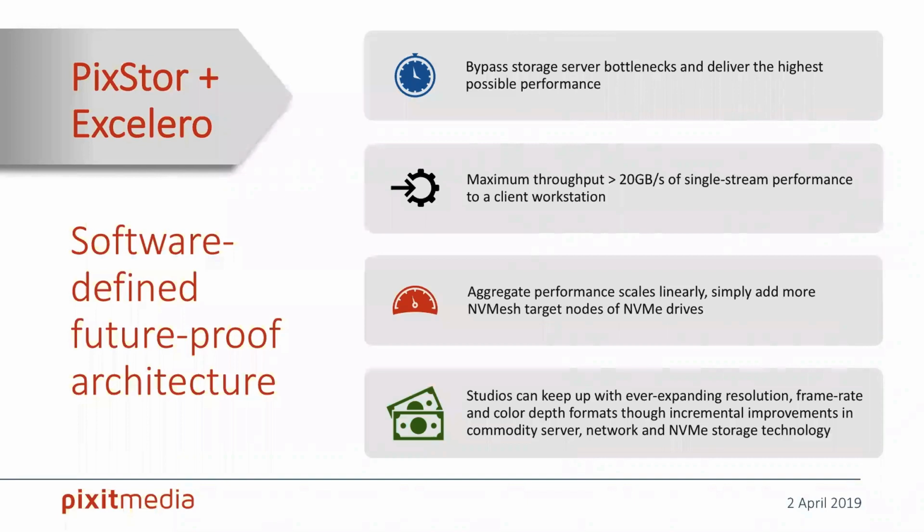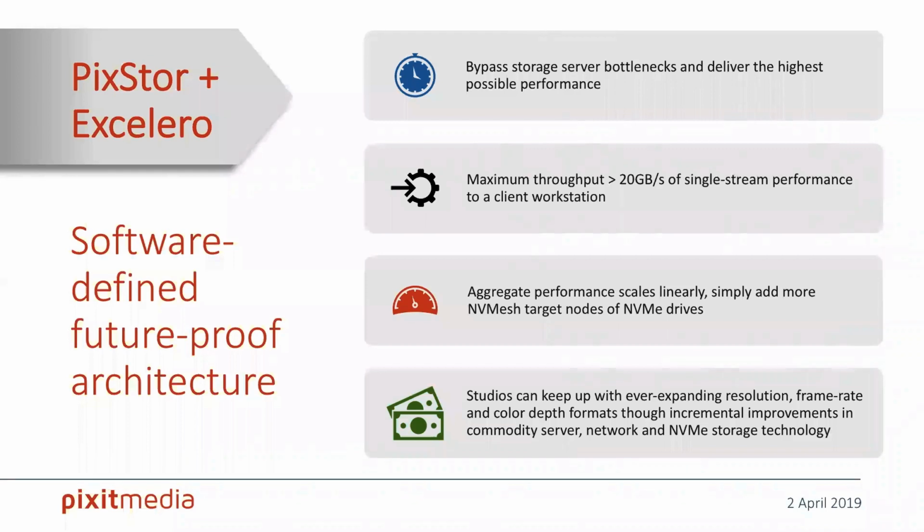And this aggregate performance scales linearly by adding more NVMesh target nodes and NVMe drives under the Excelero NVMesh fabric. And with a software-defined future-proof architecture of Pickstore, this allows studios to keep up with ever-expanding resolution changes, frame rate improvements, and color depth requirements, to leverage incremental improvements in industry-standard technologies such as servers, networks, and NVMe storage.